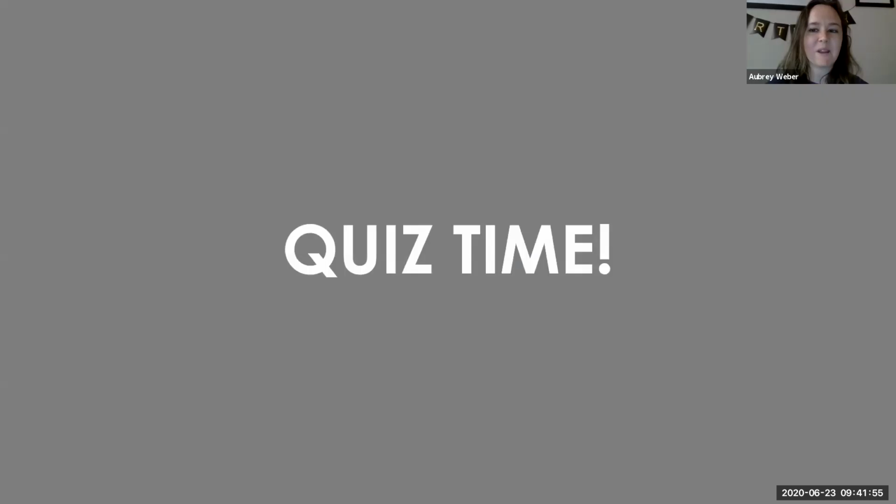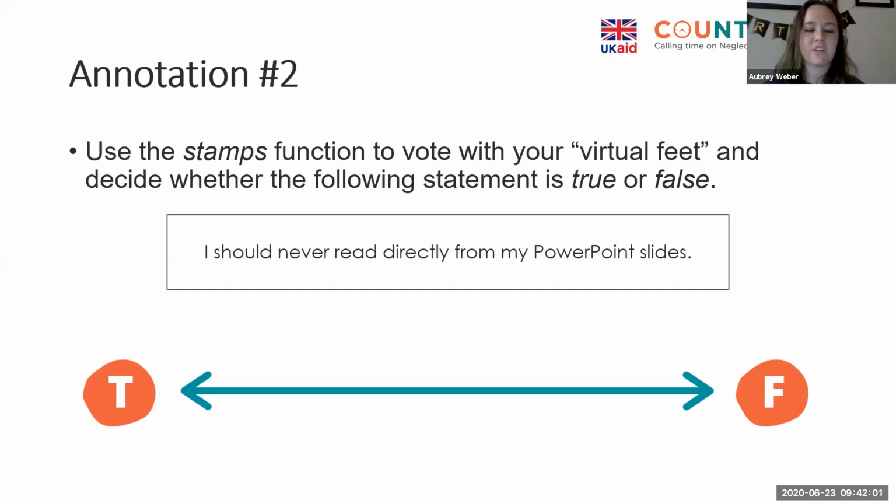I know that was a lot, but now we're going to go into a quick annotation quiz. So next slide, we have three questions for you. Using the stamps function, and again, going up to annotation and view options, and then click stamps instead of text.